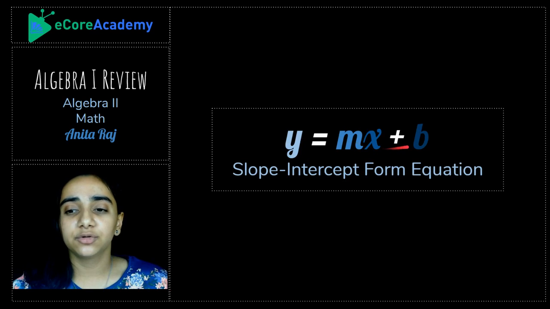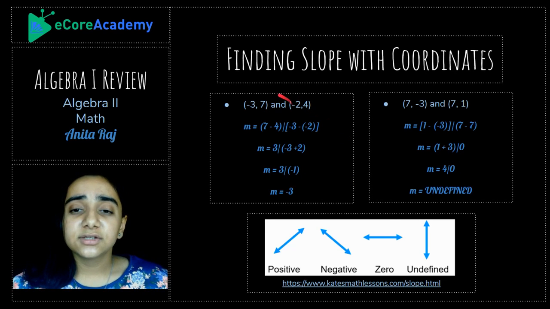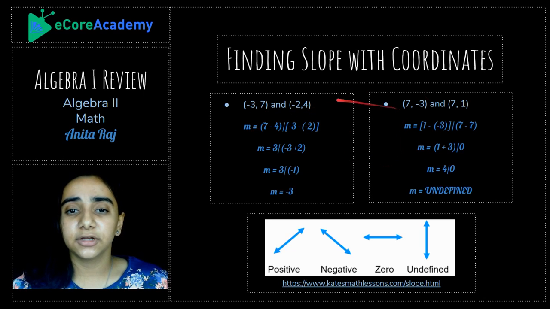Let's say I was just trying to represent a random linear equation. I might write y = 5x + 1 or y = 2x + 3. These two values stay as variables unless you're actually trying to plug a coordinate into this equation. So that's your slope-intercept form. Okay, let's run through some examples so that you remember how to work with these linear equations.